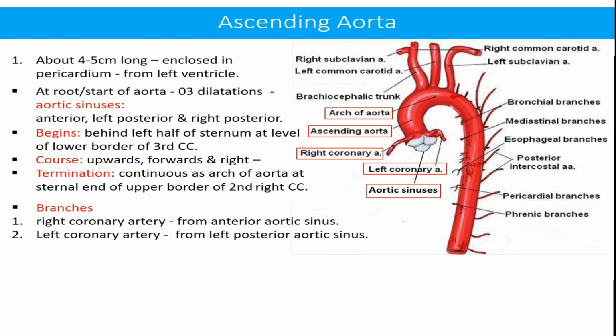It has got two branches, right coronary artery, which originates from the anterior aortic sinus, and left coronary artery, which originates from the left posterior aortic sinus.